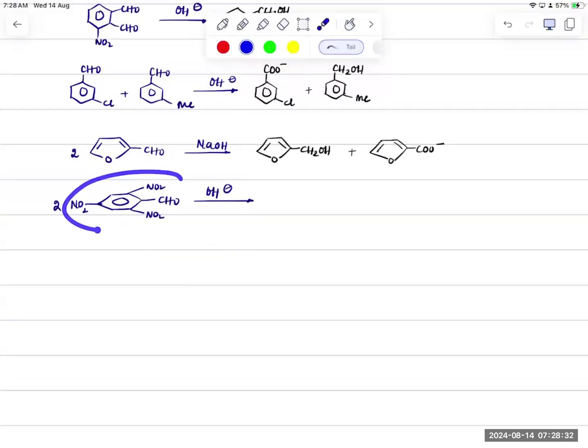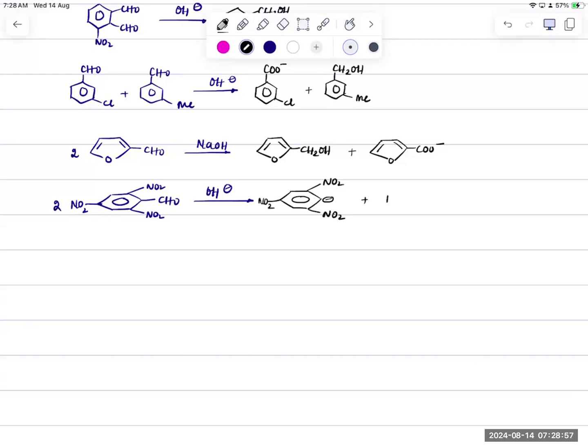Lastly, now if you notice this NO2, if there are so many NO2s around CHO, it becomes difficult for it to react. So first OH minus will attack. As soon as the OH minus attacks, now this bond instead of hydride shift, this benzene only will come out. So we'll get minus here, NO2 here, NO2 here, and NO2 here.